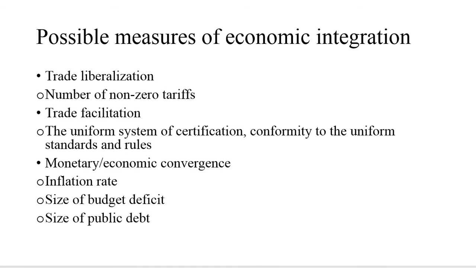Another measure is trade facilitation, which includes the uniform system of certification, conformity of uniform standards and rules. It's kind of interesting because since the development of the General Agreement on Tariffs and Trade and the World Trade Organization, it's kind of hard to impose additional tariffs. So qualitative restrictions on international trade are viewed as the new trade protectionism.